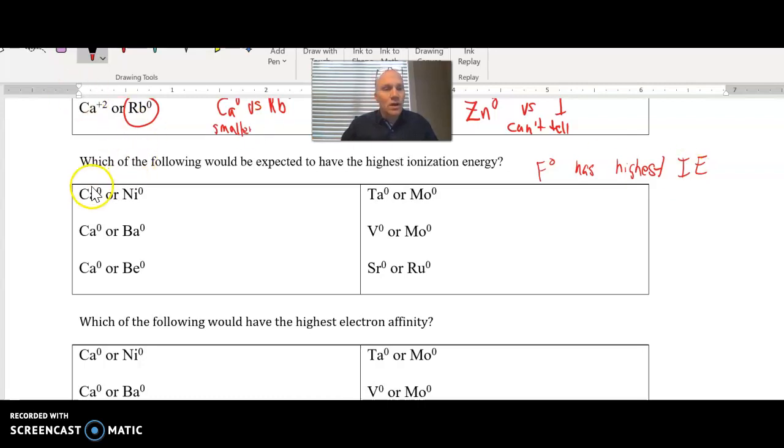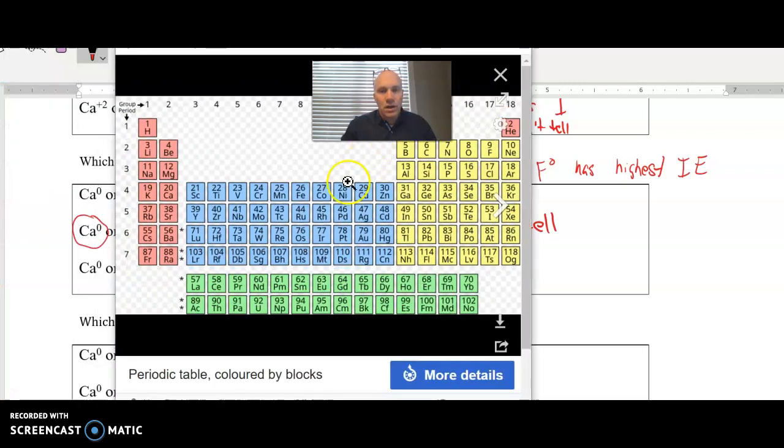All right, so you would not be asked about ionization energy of a noble gas. All right, so just comparing all of these on the periodic table, the ones that are circled should be a fairly easy comparison. All right, the one that I do want to point out here, these two elements right here. Notice that one of them is right here and the other one is right here.